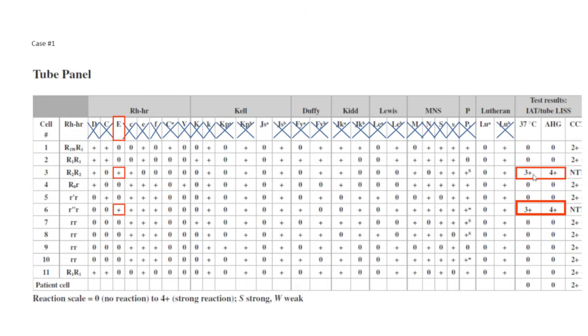But whatever reactivity is here is clearly not due to antibodies to these antigens. However, we can clearly see that the antibody's reactivity corresponds with the big E antigen in the Rh blood group system. So we identified here an anti-big E.